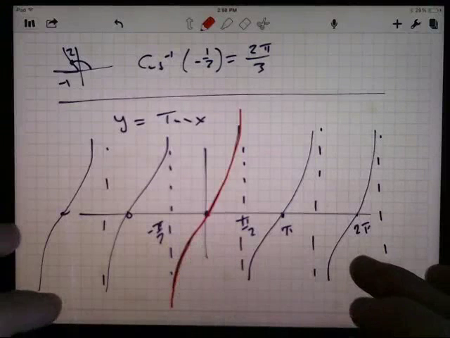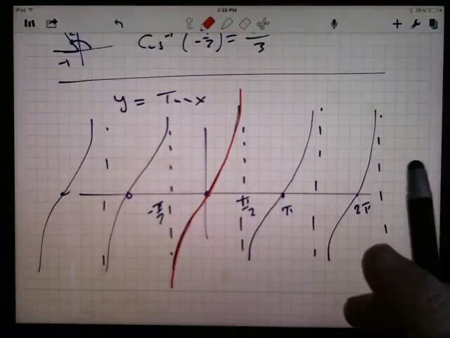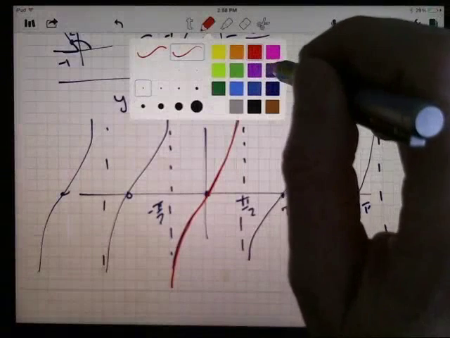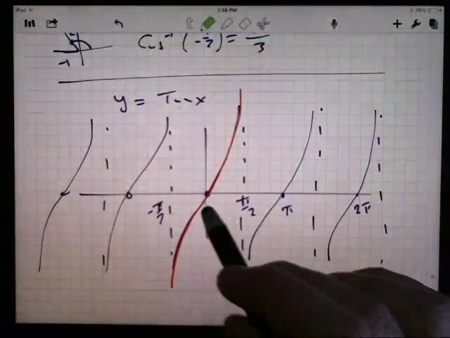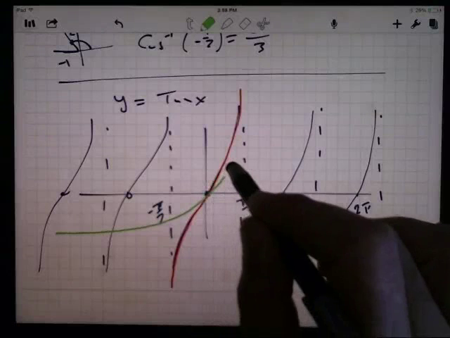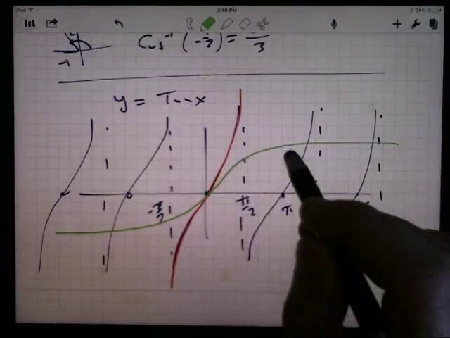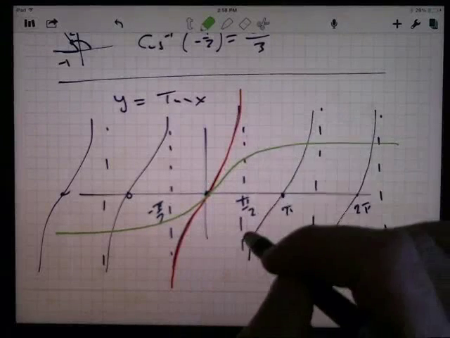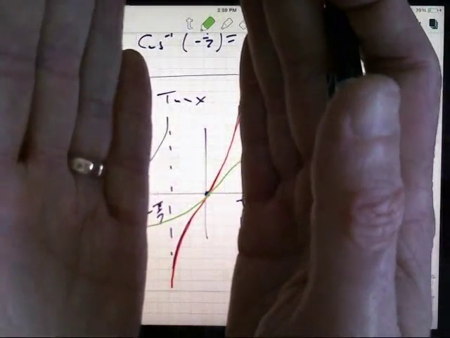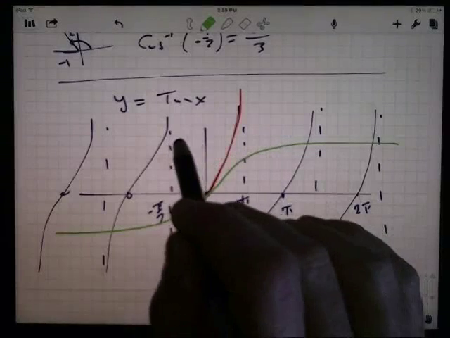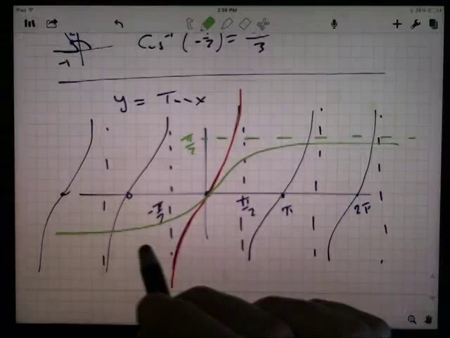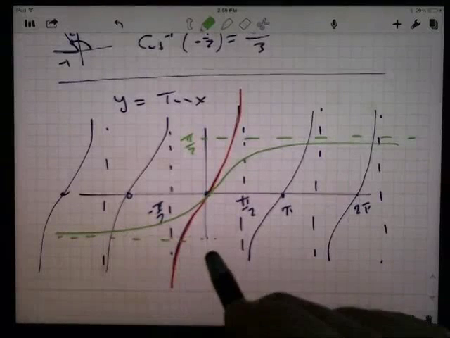So when I invert it now, it's going to look like this. Let's do this in green. Where the original one has vertical asymptotes, this one actually has horizontal asymptotes at pi over 2 and minus pi over 2.